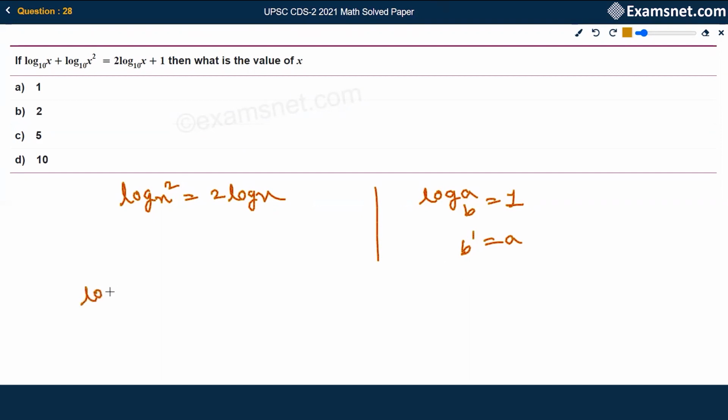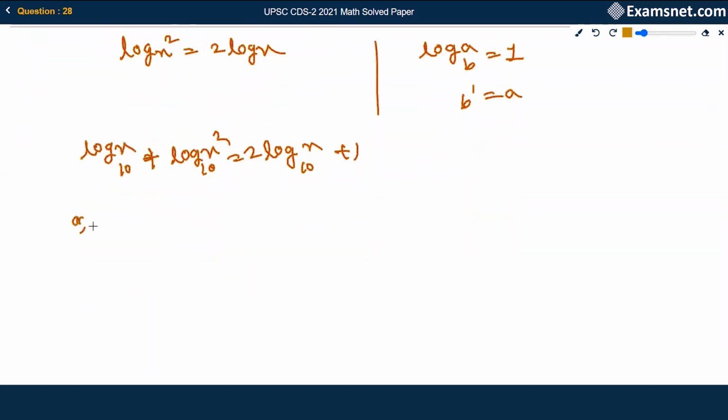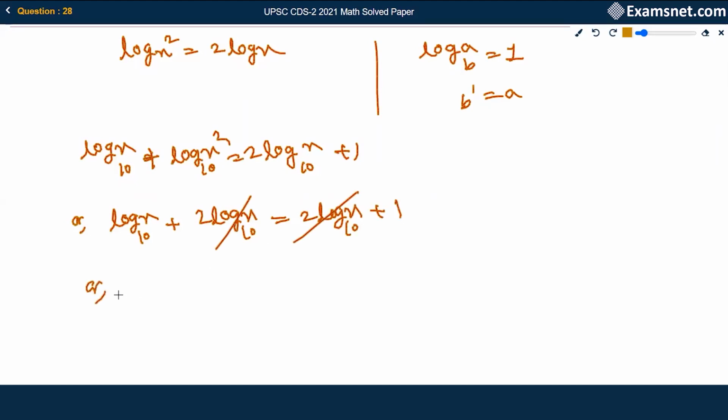So let me write the given expression: log x squared to the base 10 equals 2 log x to the base 10 plus 1. Now we know log x squared is 2 log x to the base 10, equals 2 log x to the base 10 plus 1. So both will get cancelled.